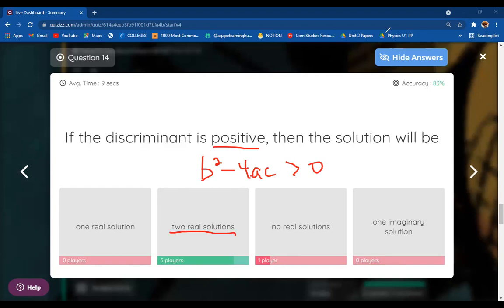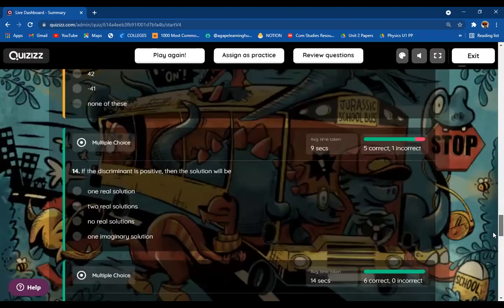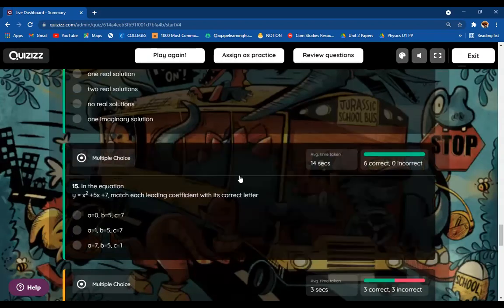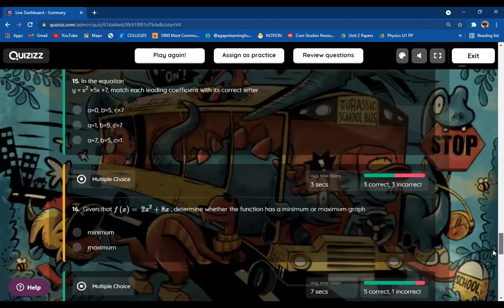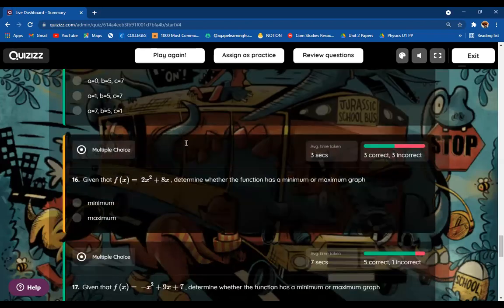So in case you see that in the exam. So that's why it's this answer. It is not no real roots. If it was no real roots, then this would have been negative, not positive. Okay, nobody got this wrong.